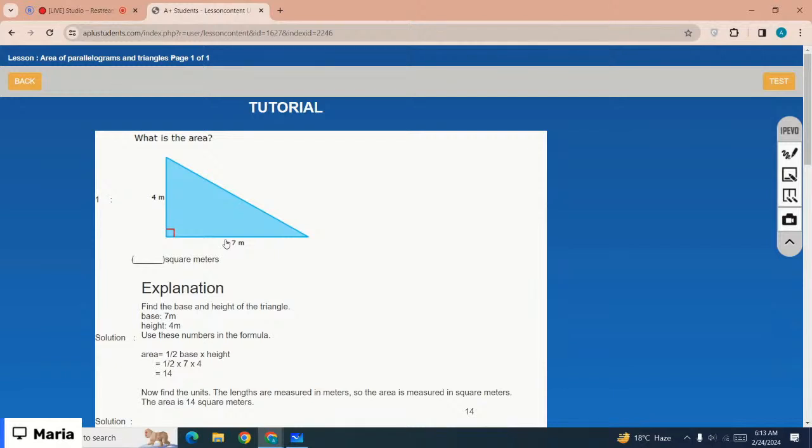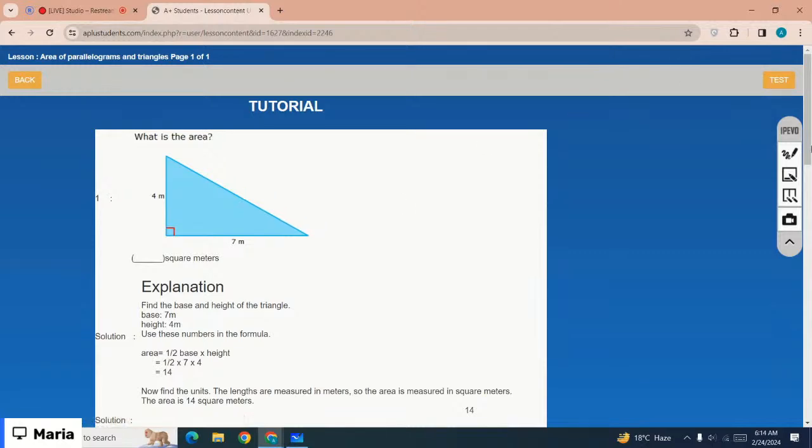The area of this triangle is 14 square meters, right?